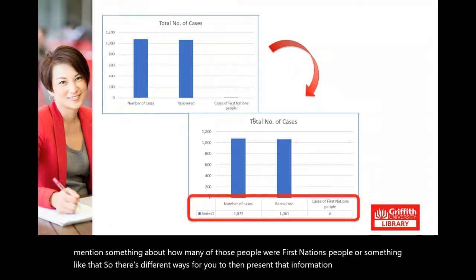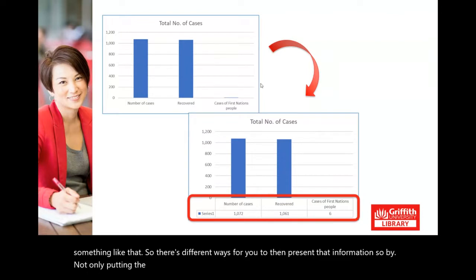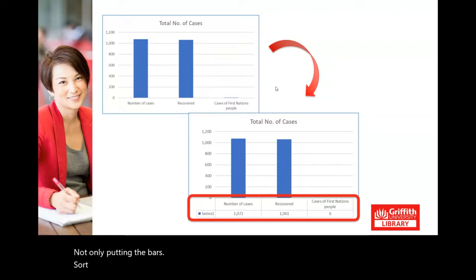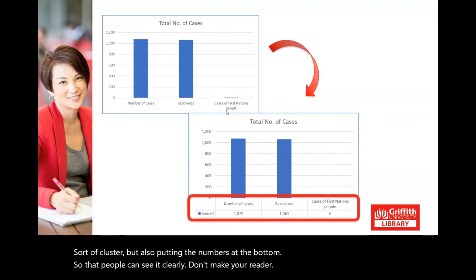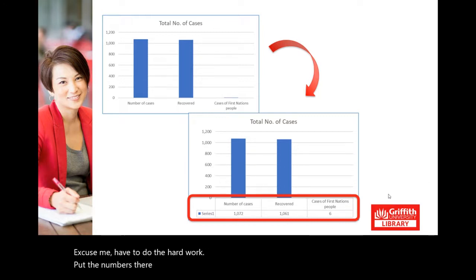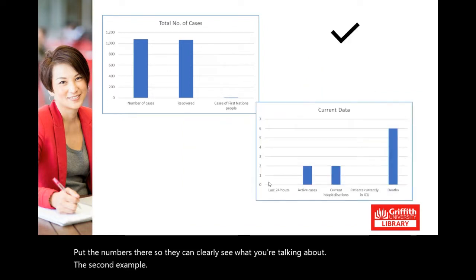So by not only putting the bars in a cluster, but also putting the numbers at the bottom so that people can see it clearly. Don't make your reader, excuse me, have to do the hard work. Put the numbers there so they can clearly see what you're talking about, like the second example. So it's a much better way.